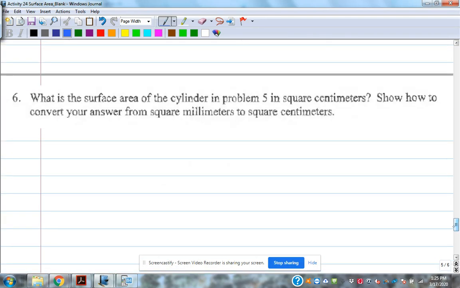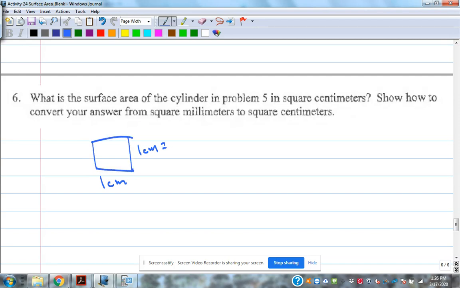And the last problem says, okay, what is the surface area of the cylinder in problem 5 in square centimeters? All right. So our dimension that we had was square millimeters. We want to convert that into square centimeters. All right. So one of the conversions that you could do here is think about what a square centimeter is. It's a square that's 1 centimeter by 1 centimeter.